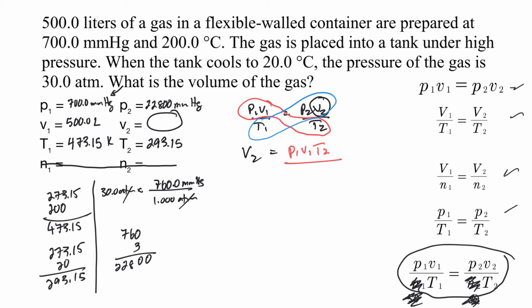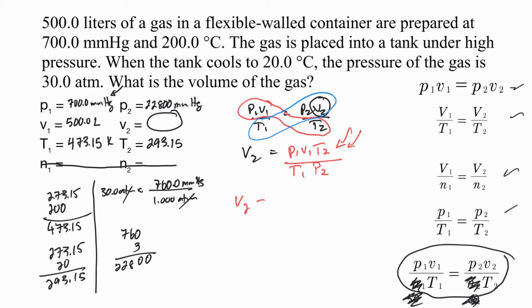Now V2 is already taken, so I just need to include the other 2 there. So that's T1 and P2. Okay. It's sort of hard to manipulate that. Once you get onto this ratio thing, it goes okay, but the 1s and the 2s and the P's and the V's and the T's, you can get those mixed up.